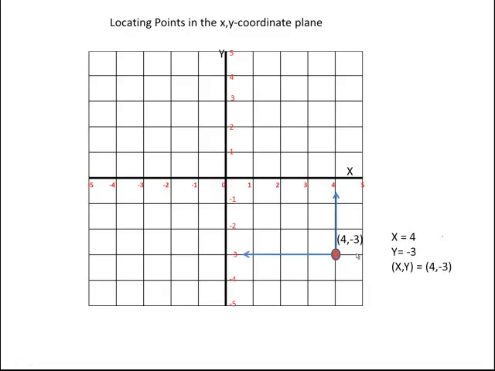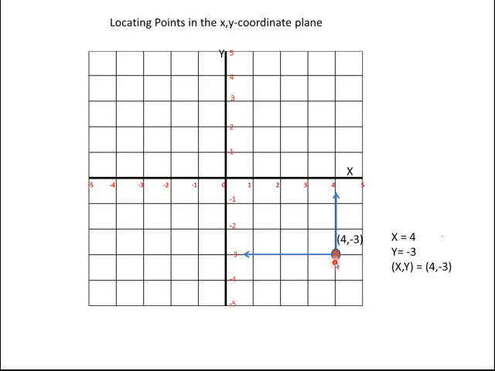Well, to find out what avenue it's on, just draw an arrow from the point to the x-axis. You hit the x-axis at the number 4, and that means that the x label or x coordinate of the point is x equal 4.